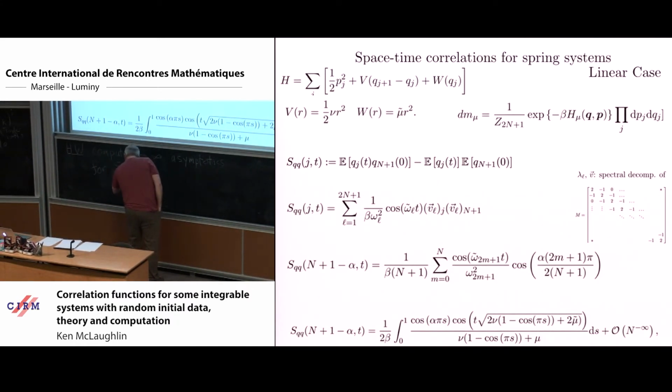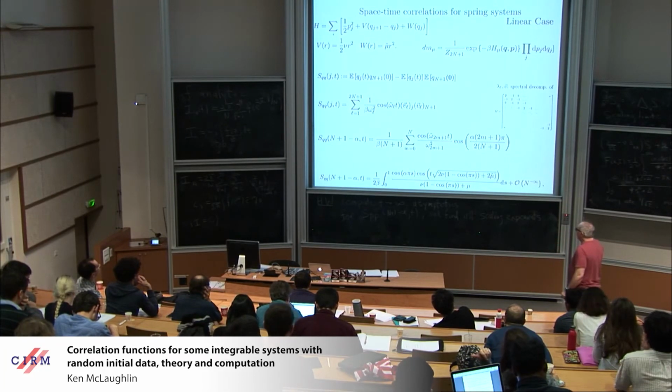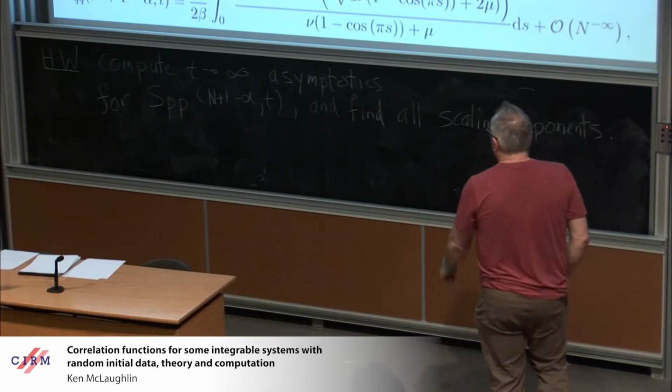Let's go SPP. So the problem is to derive the formula for SPP instead of SQQ because it's a little bit simpler.